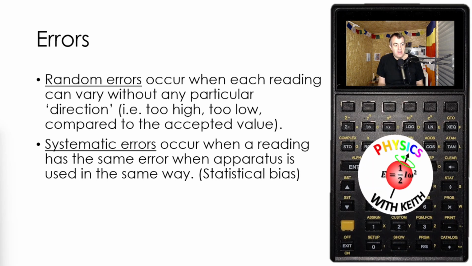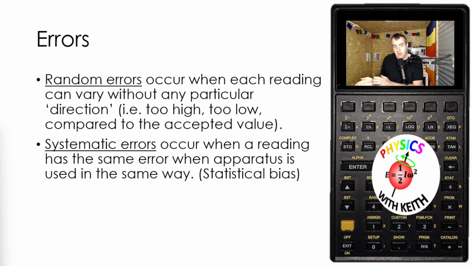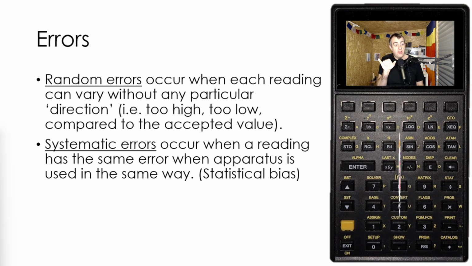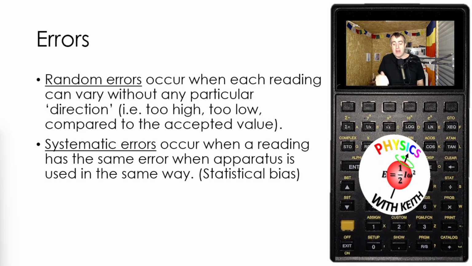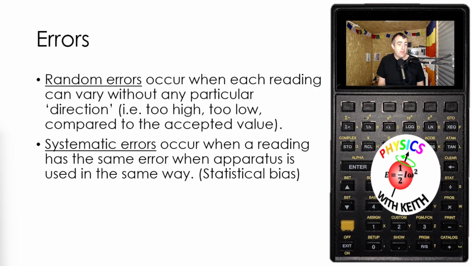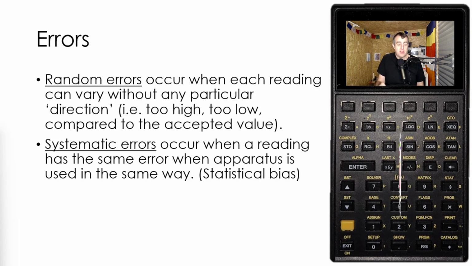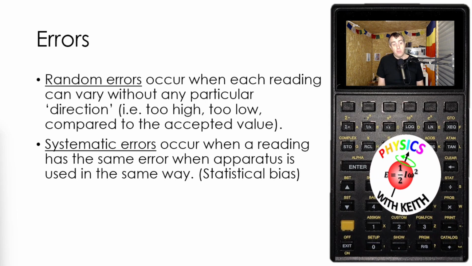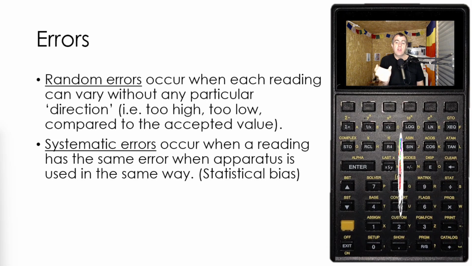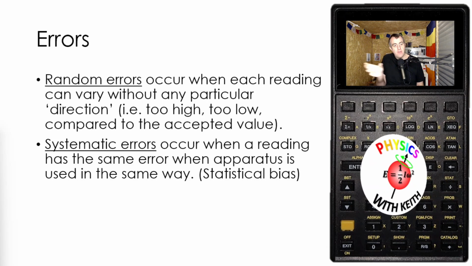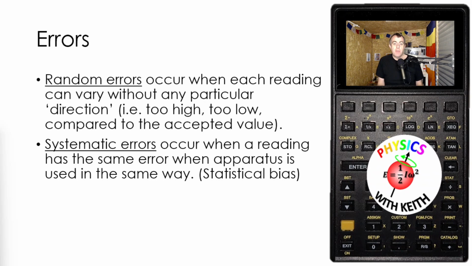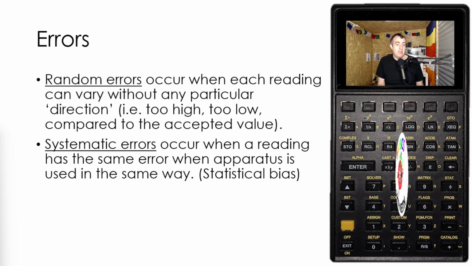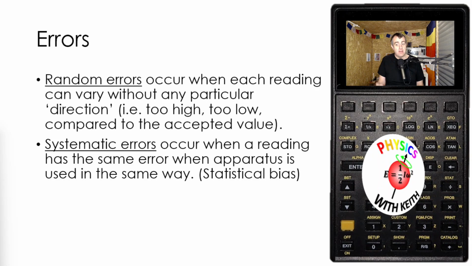And therefore, that is a systematic error. Or it could be that the scale's all shifted. So my balance, when there's nothing on it, says 0.5 kilograms, I place a kilogram on it, it says 1.5. I place 2 kilograms on it, it says 2.5. So the amount that it is wrong by is the same amount each time. So that would be a systematic error.